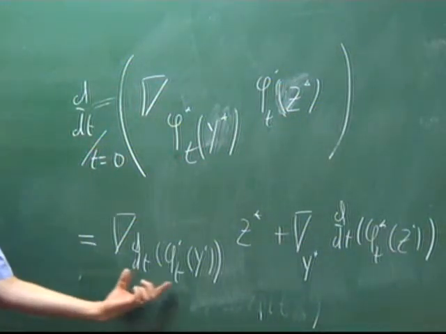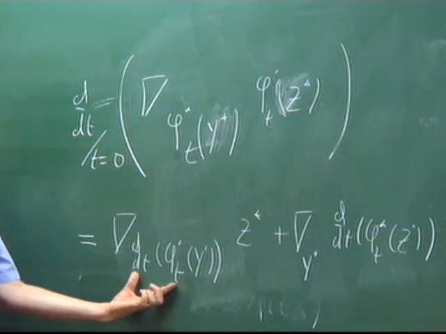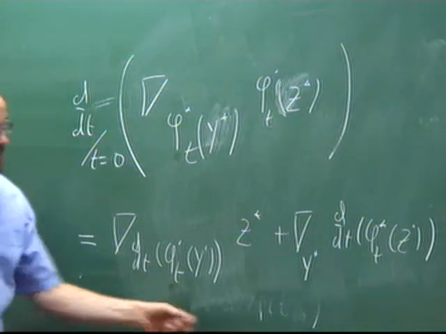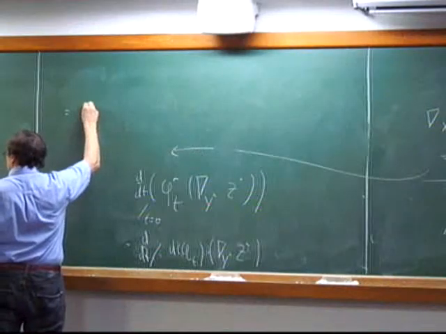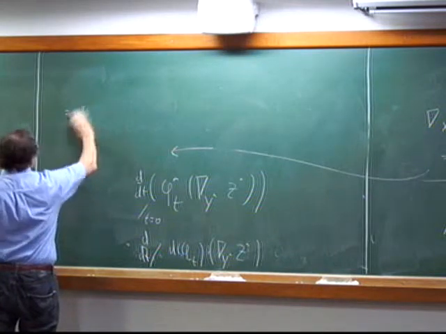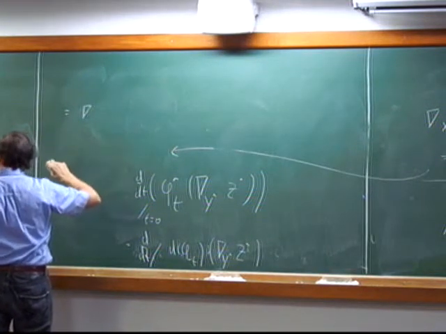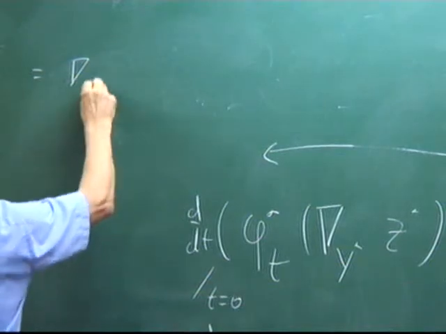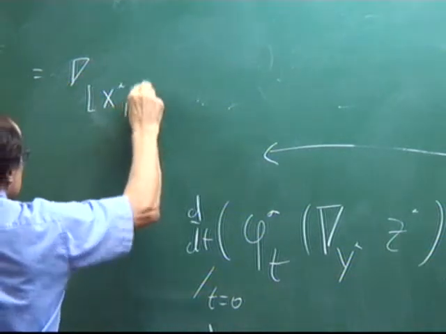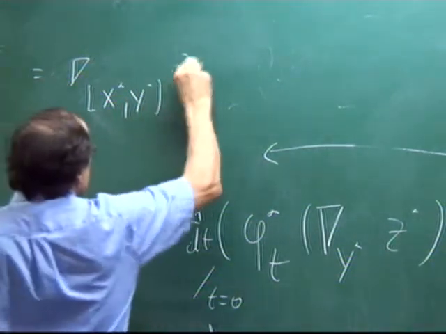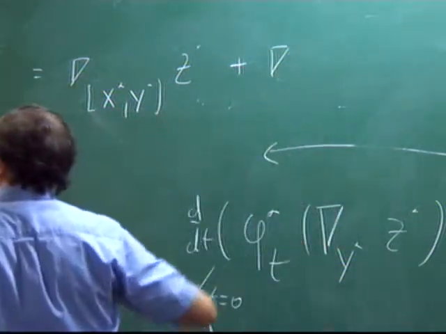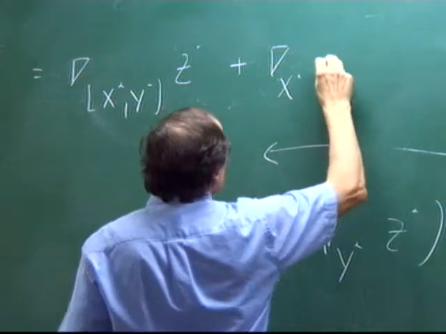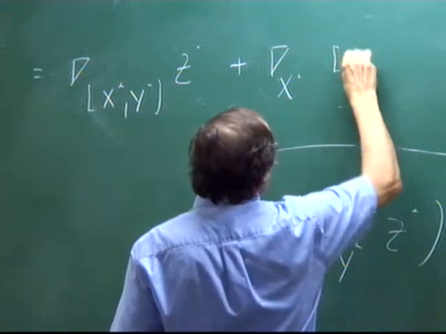But now I can interpret this again as a Lie bracket, because it's a flow. So I can say, well, this is equal to ∇ [X*, Y*] Z* plus ∇ X* [Y*, Z*].